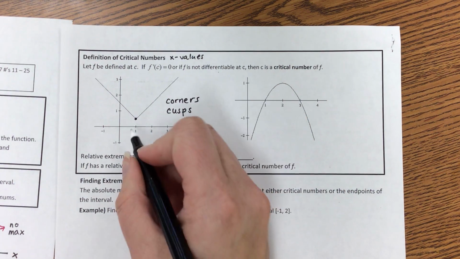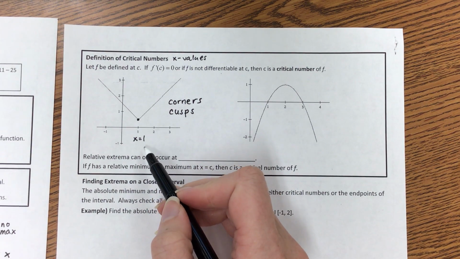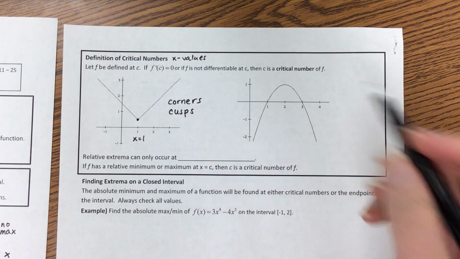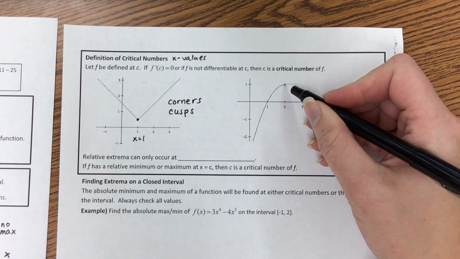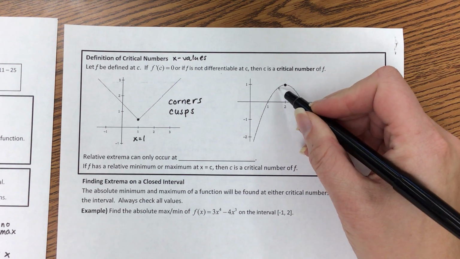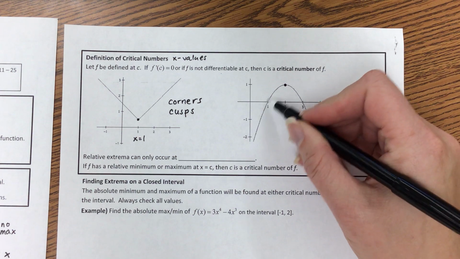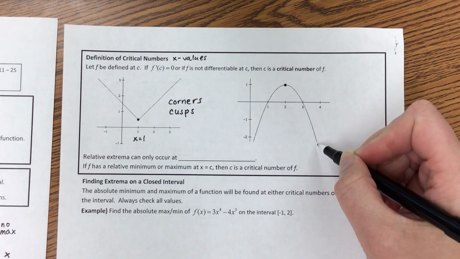So at x equals 1, we have a critical number. C would equal 1 in this case. Second graph, curve, all differentiable. Looks fantastic until we get all the way up to here. Over here, all of the slopes of the tangent lines would be positive. Any tangent line over here would have a negative slope.